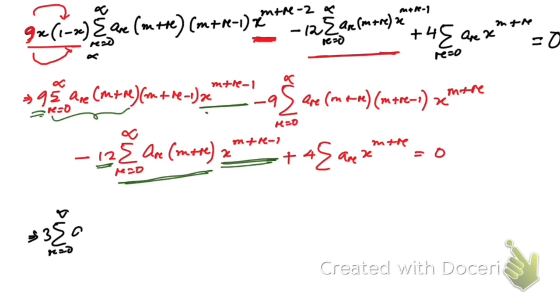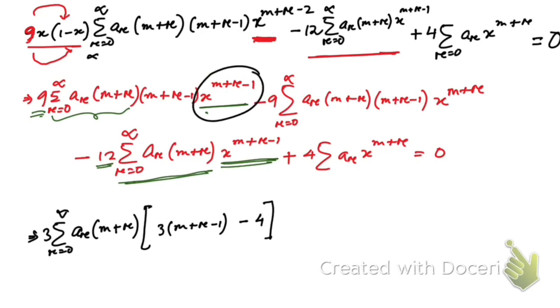We have taken a_r common, and m + r is also common. Then within the bracket we're going to have 3(m + r - 1). Then on taking 3 common from 12, we're going to have 4, so here we're going to have minus 4. Then this variable is also taken common outside the bracket, so x to the power m + r - 1, right?